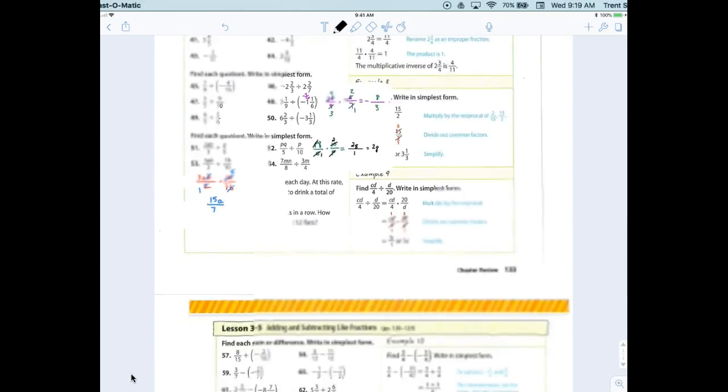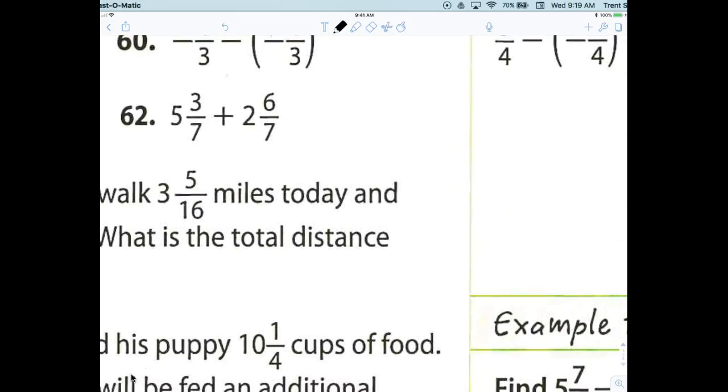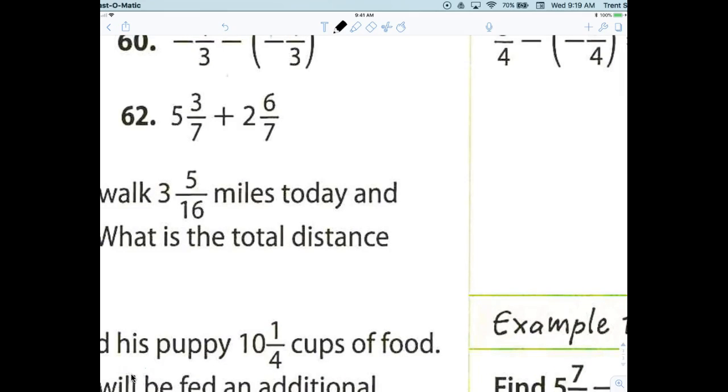Let's look at 62. Very good question. All right, so right now we have denominators the same, right? So 5 plus 2. 3 plus 6. Right. Now, this you can't have, right?